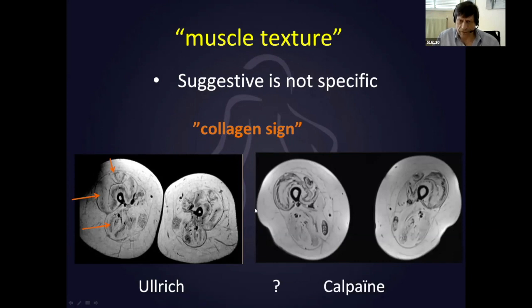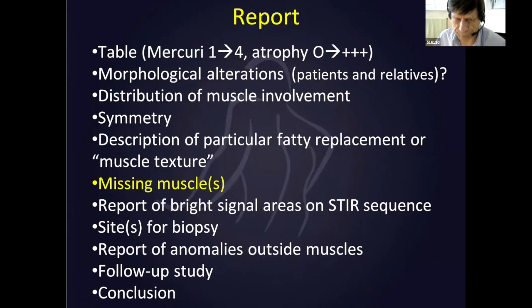So be aware, it's not always specific, and your description has to be very descriptive, but you have to compare your results with all other results of the paraclinical examination and the clinical aspect of the patient.